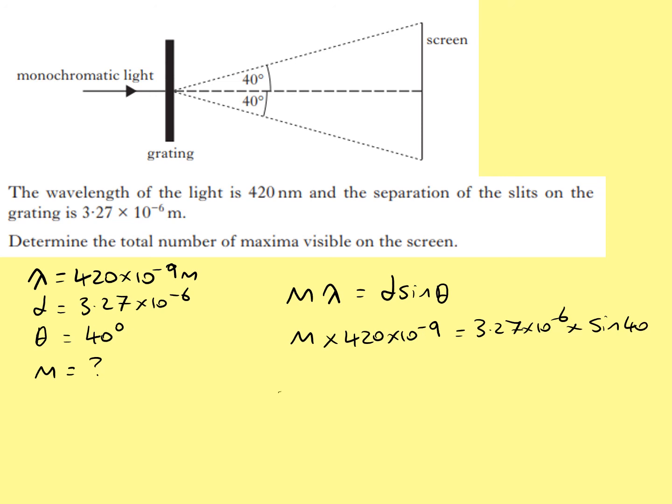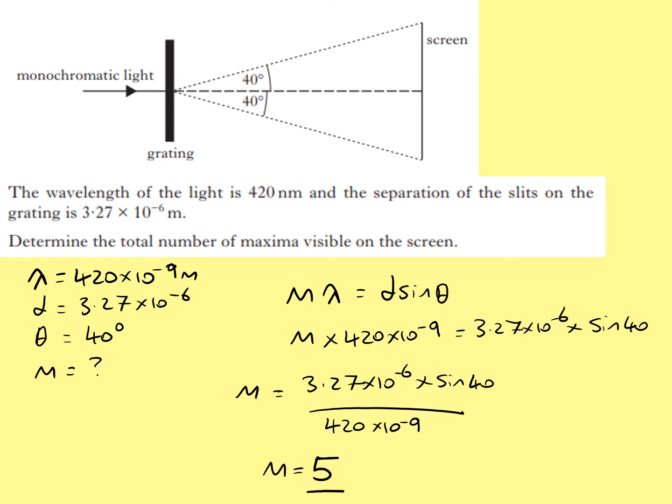So a little bit of rearrangement required here. m is equal to 3.27 times 10 to the negative 6 multiplied by sine of 40 divided by 420 times 10 to the negative 9. Which gives us an approximate value of 5.